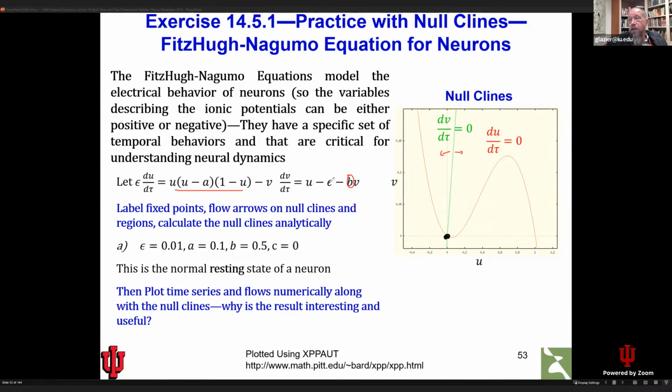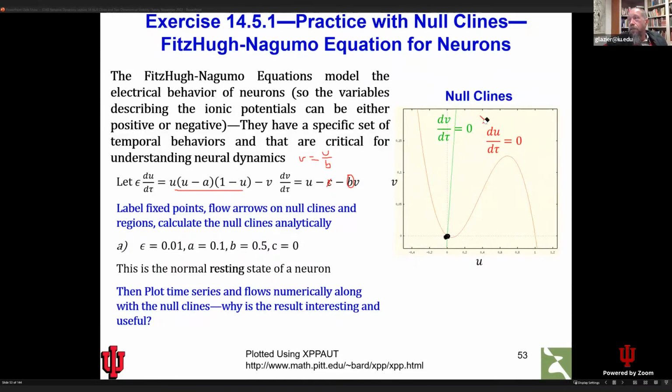For V, if C is 0, then the V-nullcline is simply V equals U over B, right? And so if I make B large, this gets shallower. So if I make B bigger, the slope gets like that, as Pedro drew. But we're not gonna play with that right at the moment.